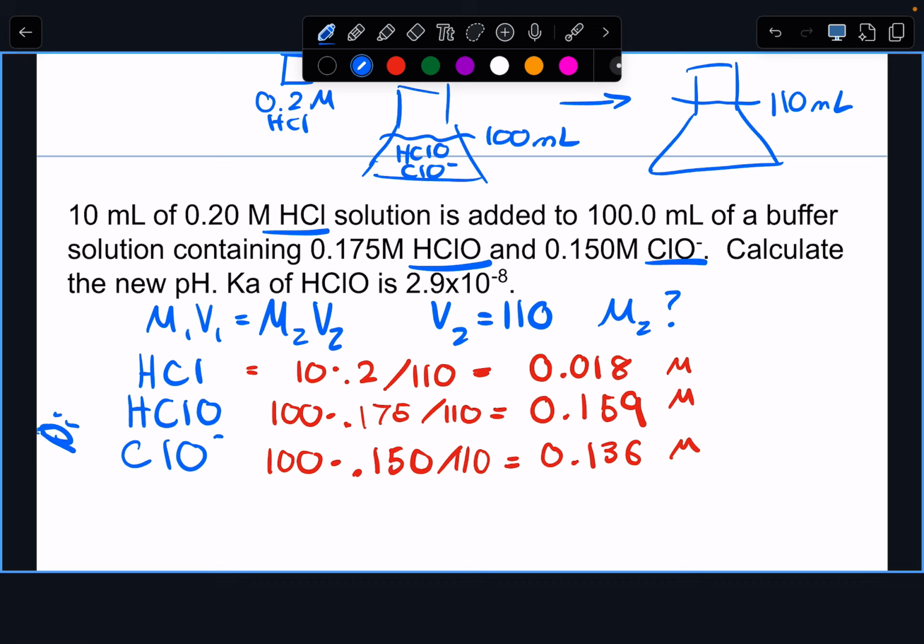So this is the dilution step. Okay, are we okay with these values?